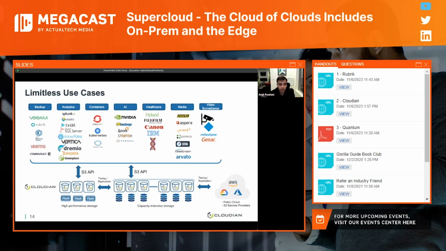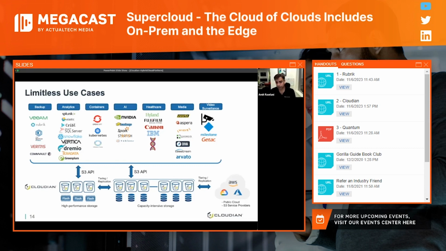All of this can reside in a hybrid environment on Cloudian, whether it's running on premises, on flash-based devices, or on capacity-intensive hard disk-based devices, or being moved in and out of the public cloud for disaster recovery, or from a perspective of creating storage tiers.